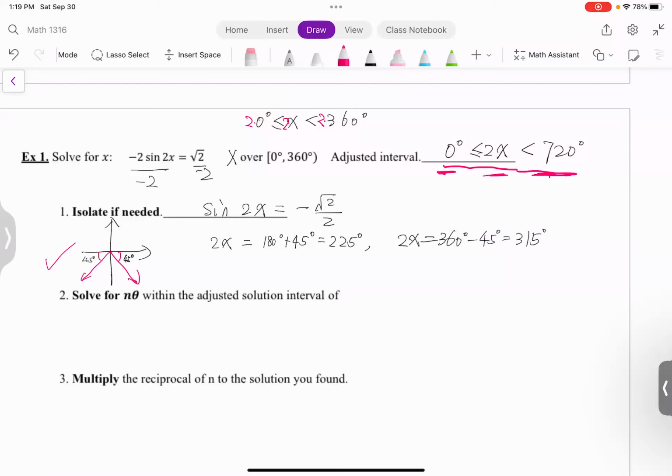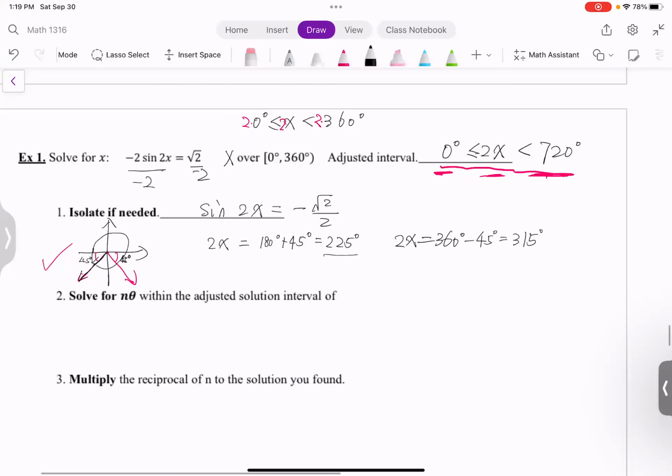For 2 revolutions, I need to find another coterminal angle of 225. Based on this terminal side, I do another rotation all the way back. What is that? 225 plus 360, right? So here, number 2, solve for n theta within the adjusted solution interval. So they are not only 225 and 315. The first solution is 225 degrees, the second is 315 degrees.